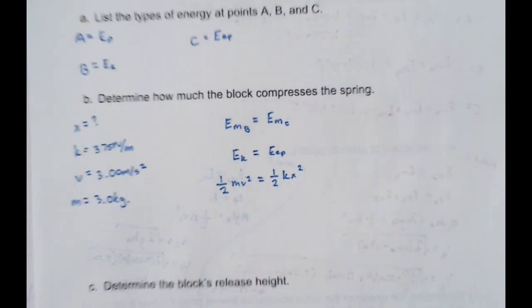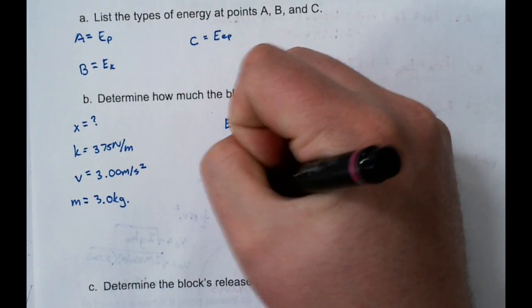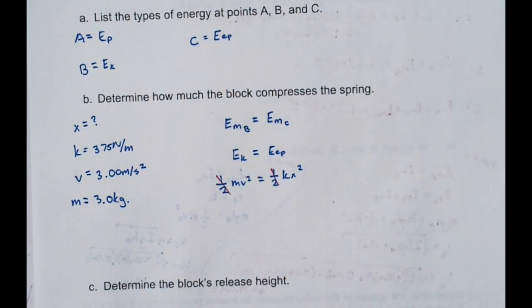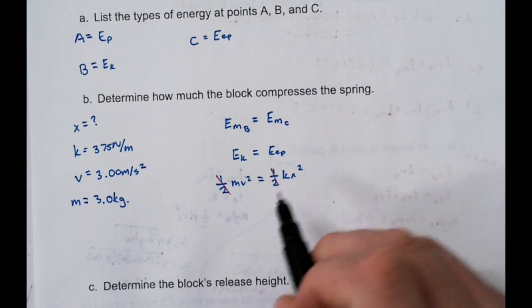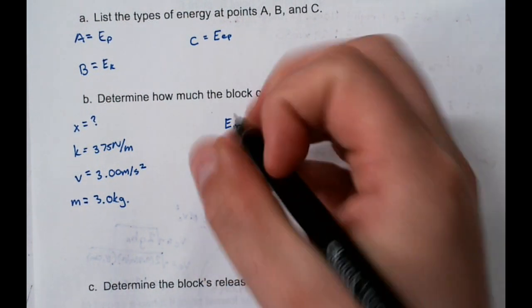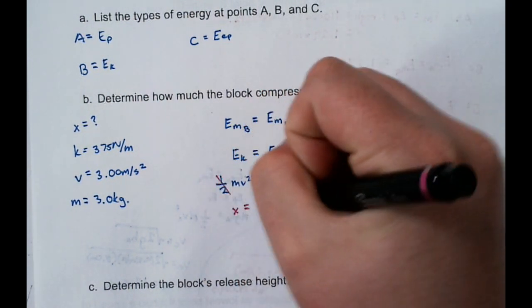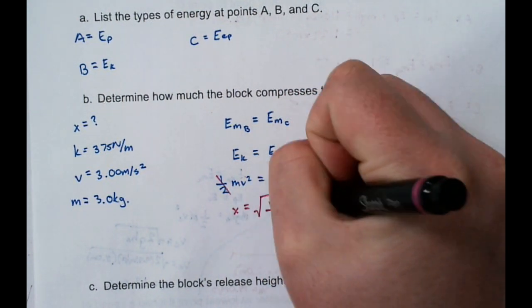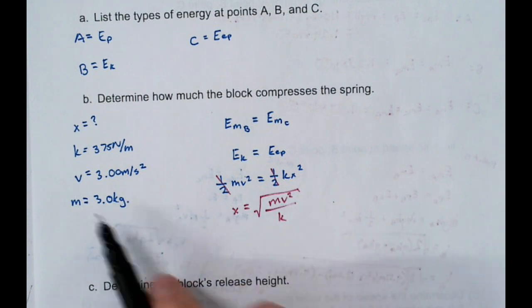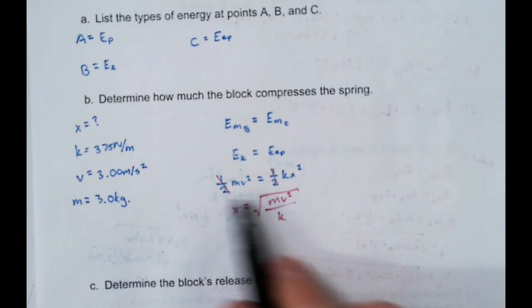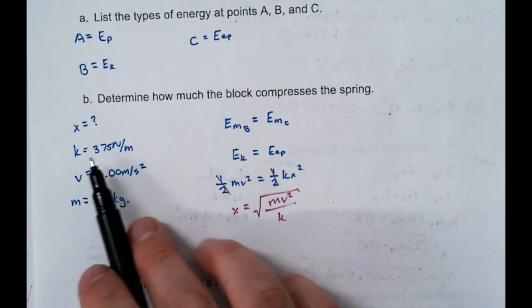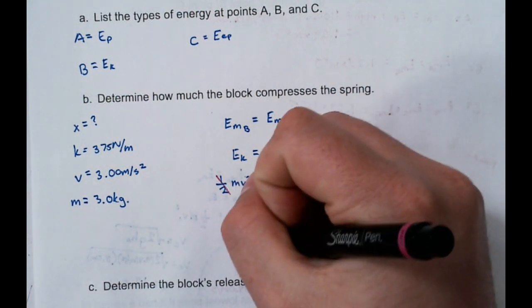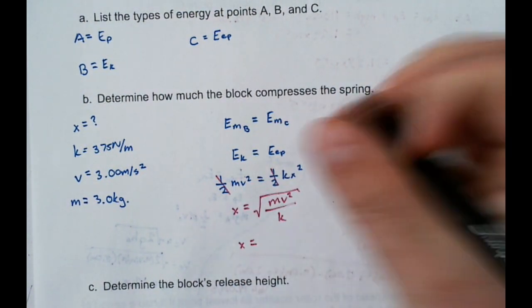We have 1/2 on both sides, so that will cancel out. And we're going to rearrange and solve for x. So x is equal to the square root of mv squared over k. We know mass, we know velocity, and we know the spring constant.